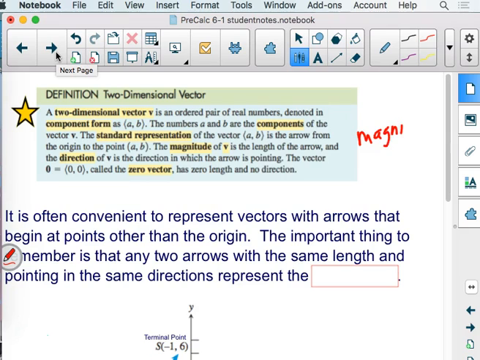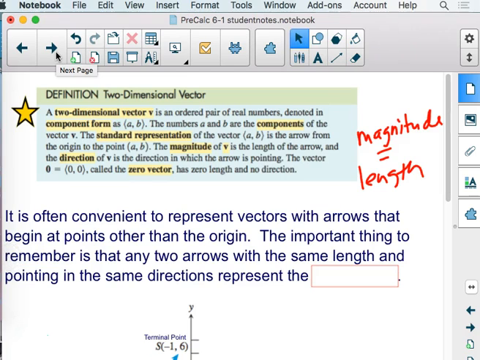Magnitude equals length. We don't need a new formula for that. That's distance formula. I already know how to do that. So if you're finding the magnitude, you're using the distance formula to figure out how long this line is. And like it says, the magnitude is the length of the arrow, and the direction is the direction that the arrow is going.